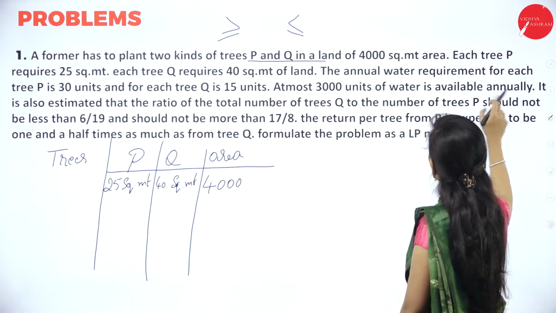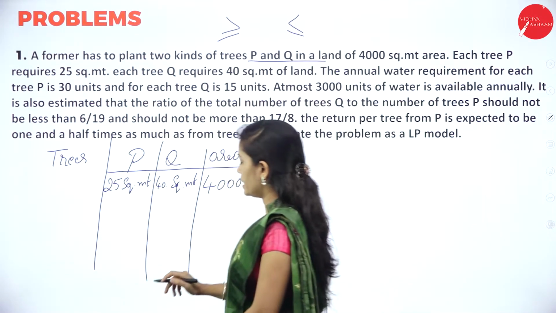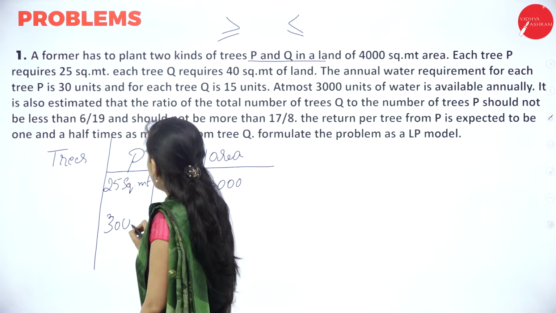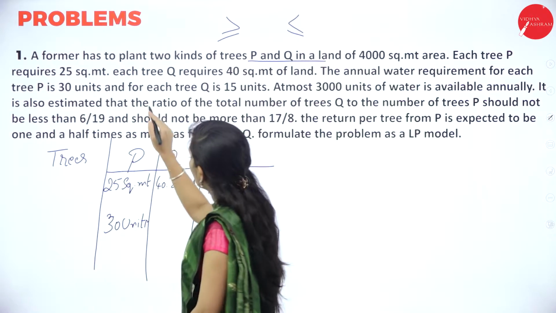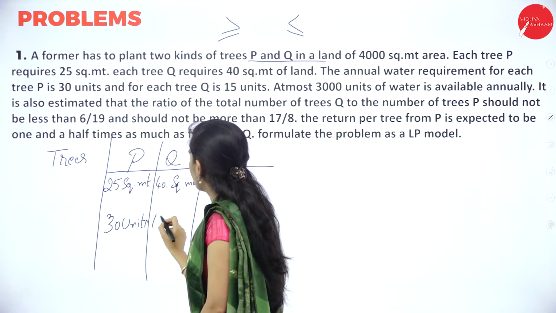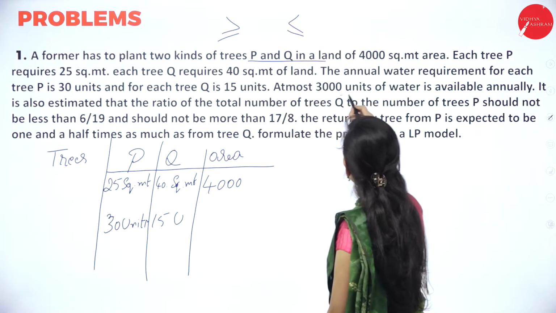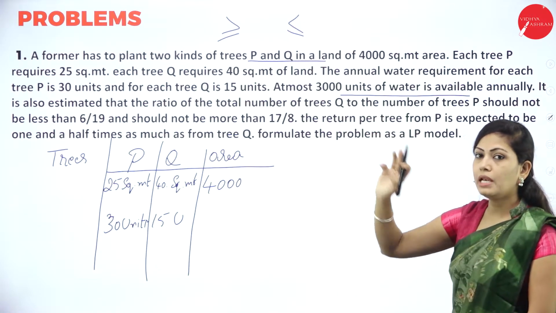The annual water requirement for each tree P is 30 units and for each tree Q is 15 units. At most 3000 units of water is available annually.